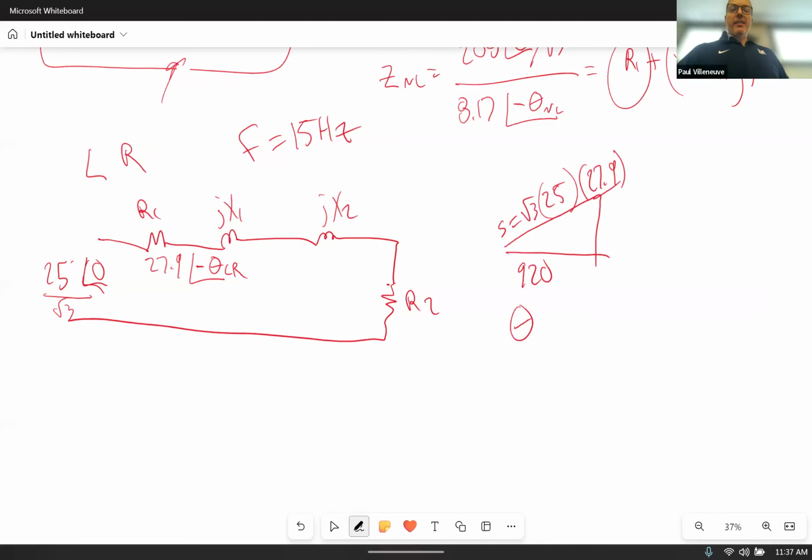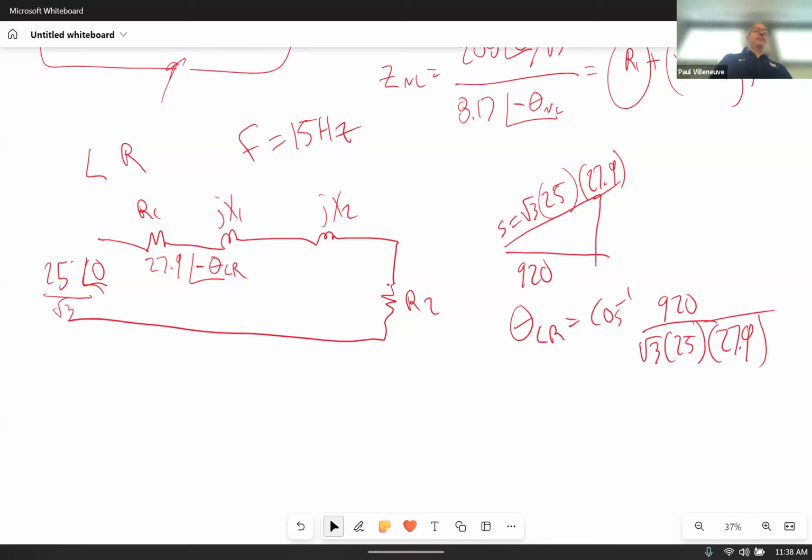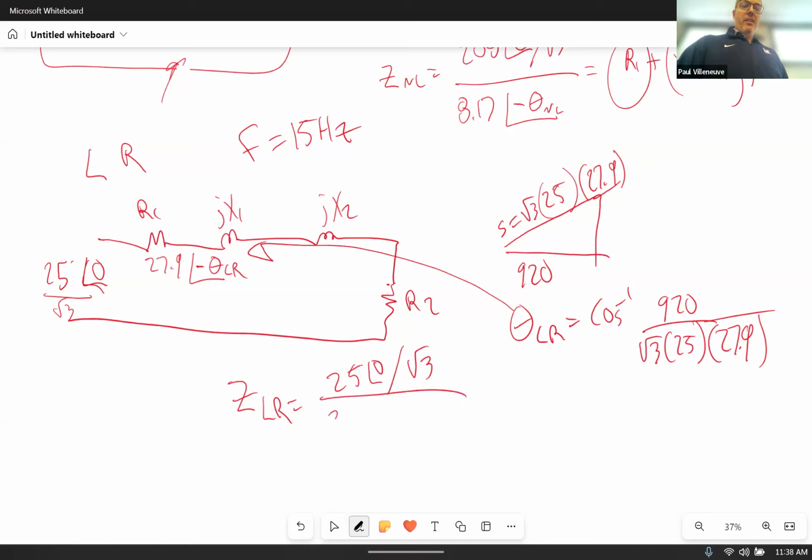And then our theta locked rotor is going to be equal to the inverse cosine of 920 over the square root of 3 times 25 times 27.9. That angle gets put into there. Don't forget the negative. And now we can solve for Z locked rotor equal to 25 at an angle of 0 divided by the square root of 3, all over 27.9 at an angle of minus theta locked rotor.